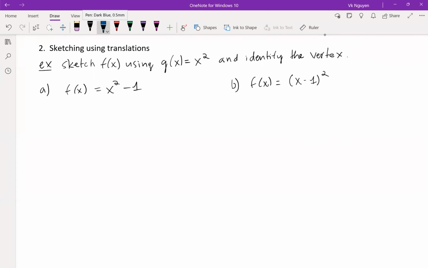This means that f(x) is g(x) minus 1. When we take g(x), we subtract 1. This tells us that we move the vertex down by 1. So we shift g(x) down 1 unit.